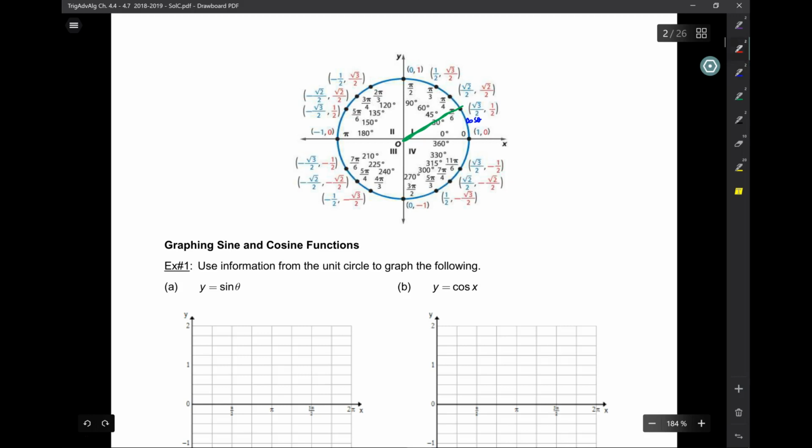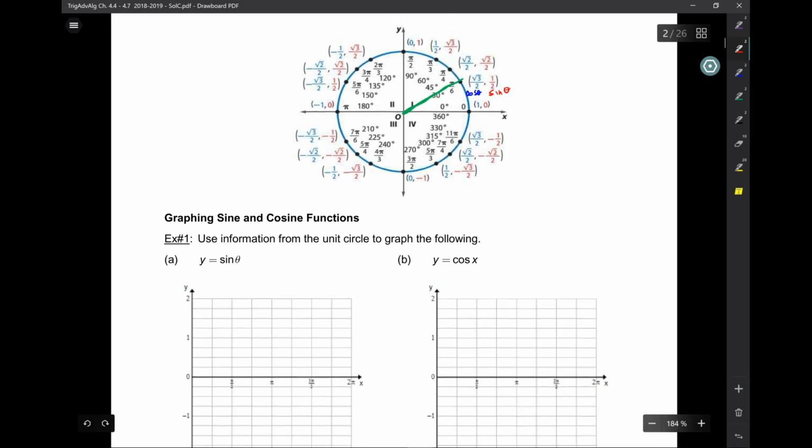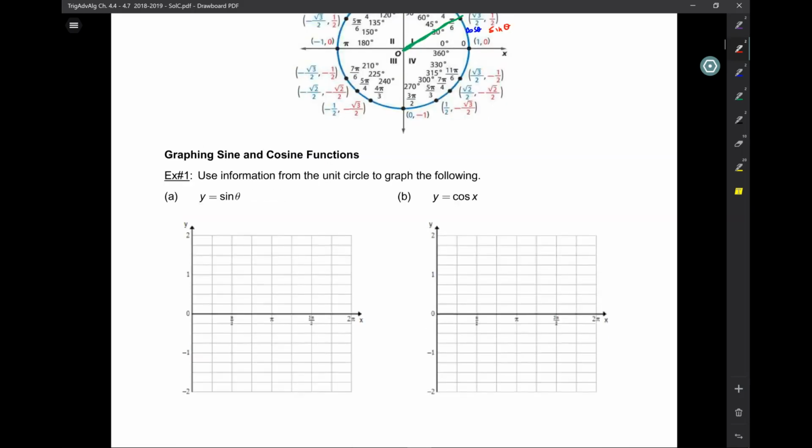And how much is the sine? 1/2, right? And that's how we use this unit circle. So what we're going to do is put the values of this unit circle and map them on this x and y axis here.